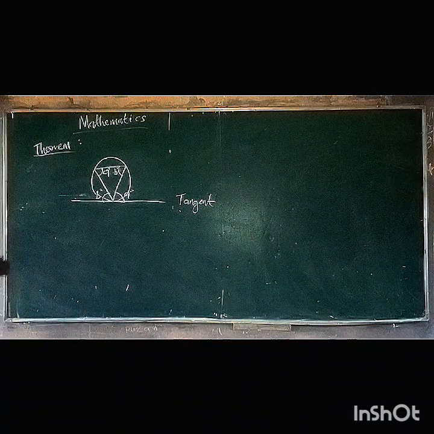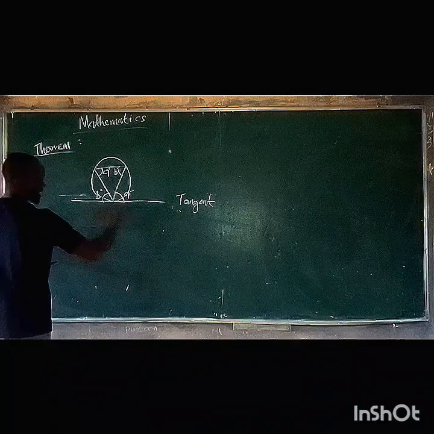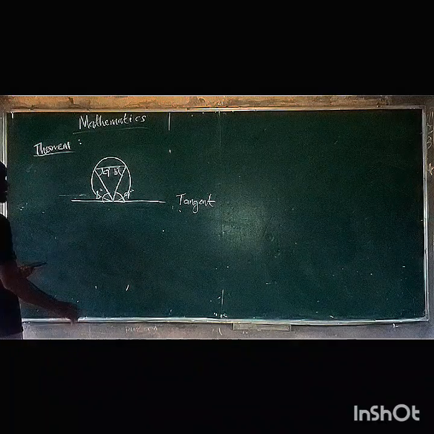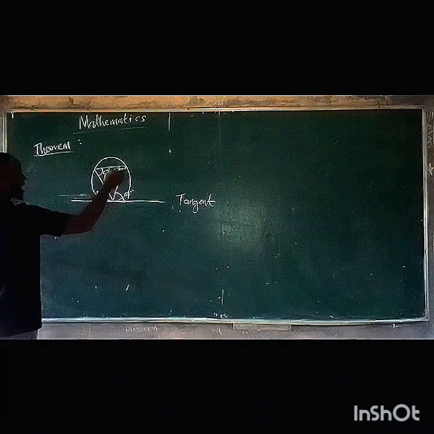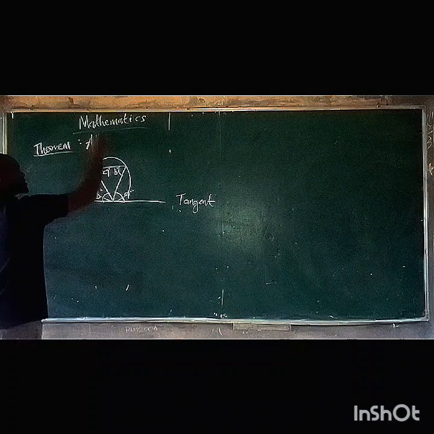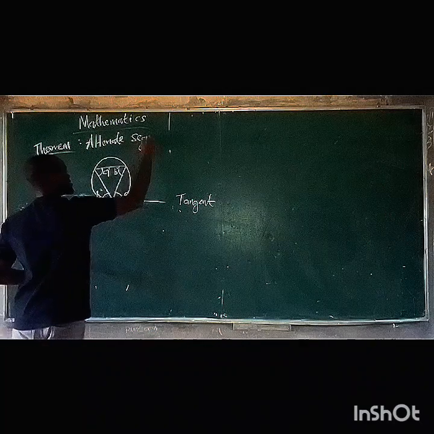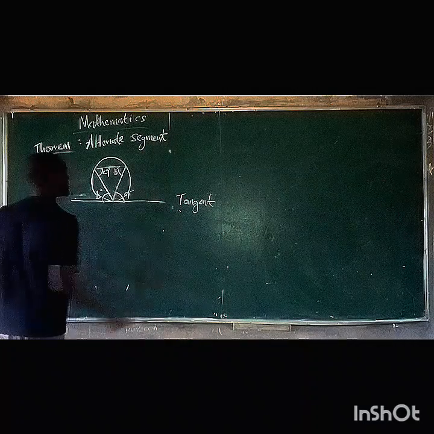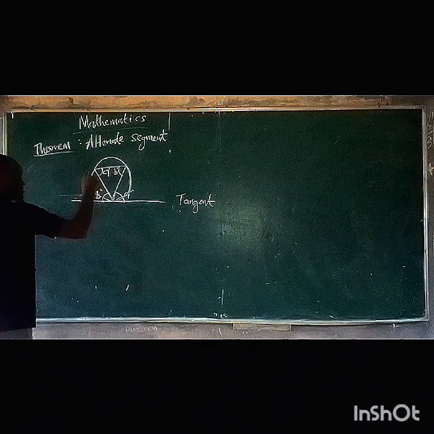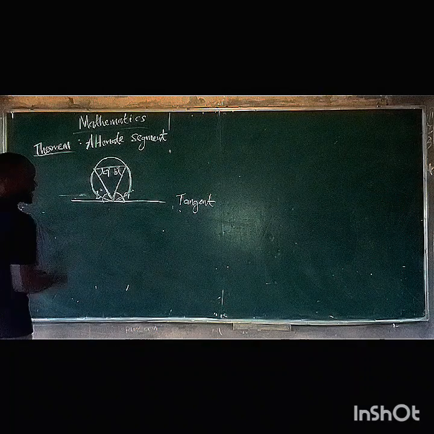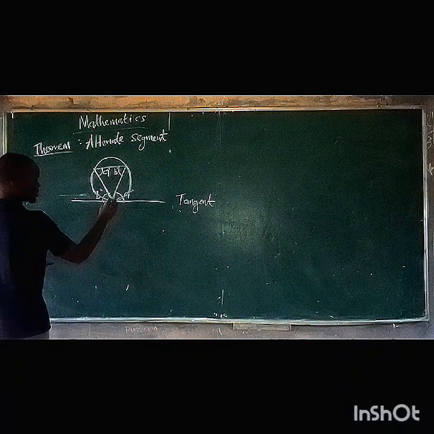Just spare that for today. In the alternate segment theorem, a line, like I said, that touches a circle is a tangent. That is the name of the theorem: alternate segment. If you look at this particular one, it is a segment. This one is also a segment, and they are formed from a tangent. This is the point of the tangent.